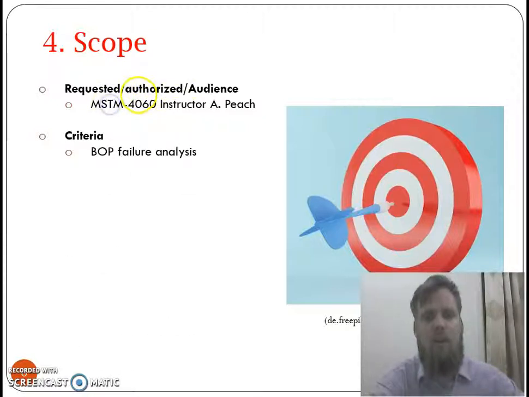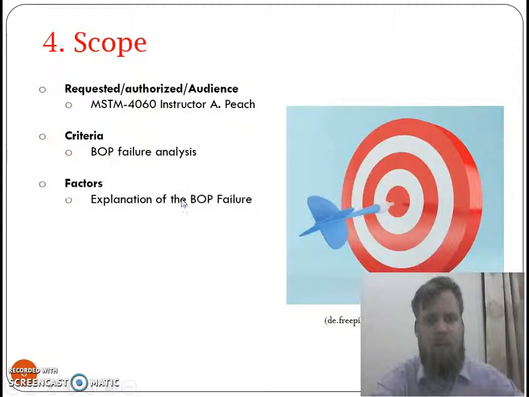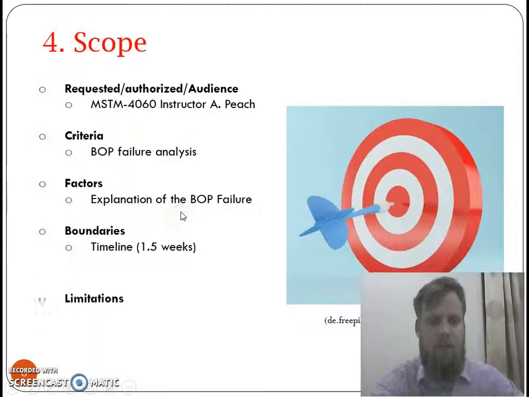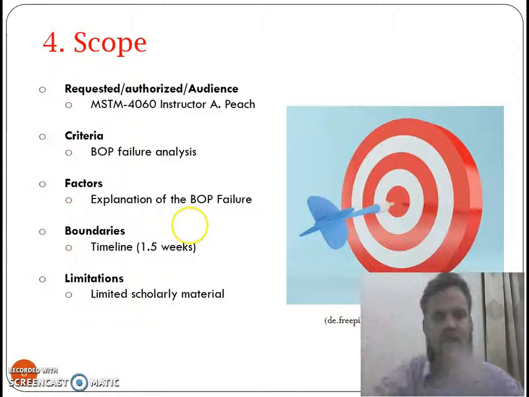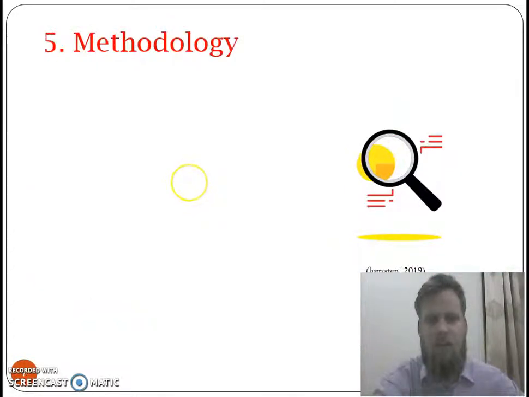Criteria, we want to go over what happened to the BOP. The biggest factor is we want to explain why it failed. Boundaries and limitations were essentially the time that I had and the limited scholarly material that was available for the failure itself. There was lots of stuff talking about the results of the failure, but not the actual equipment failure.